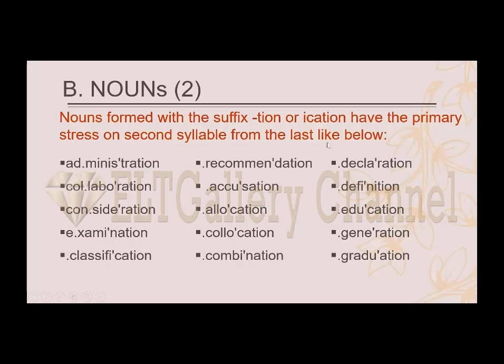So once again, if you have "tion" or "sion," the stress is on the second syllable from the back: allocation, consideration, definition. As a practice, probably we can exaggerate a little on the syllable which receives the primary stress.